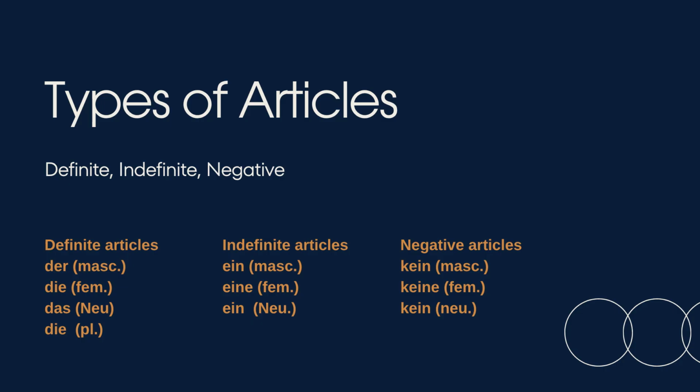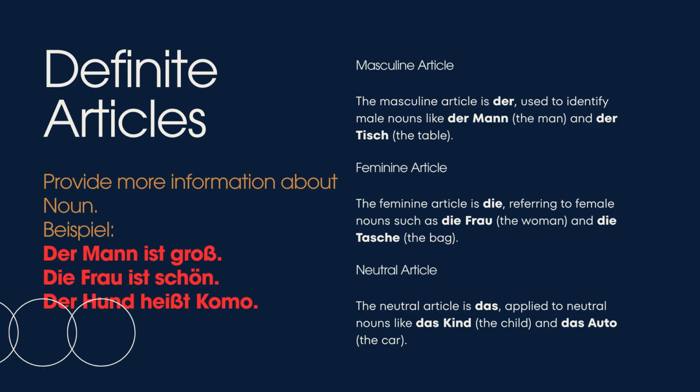There are three types of articles. The first type is definite articles, the second is indefinite articles, and the third is negation articles. Definite articles provide more information about a particular noun.